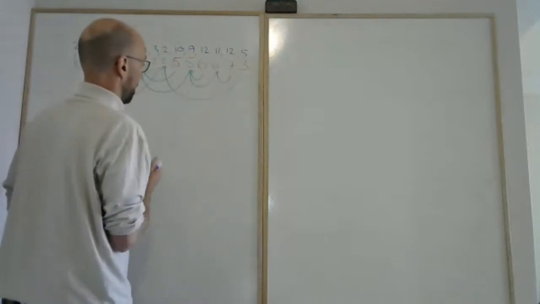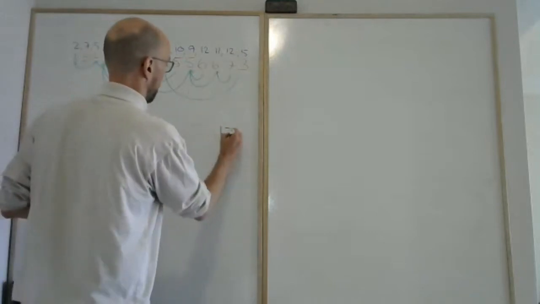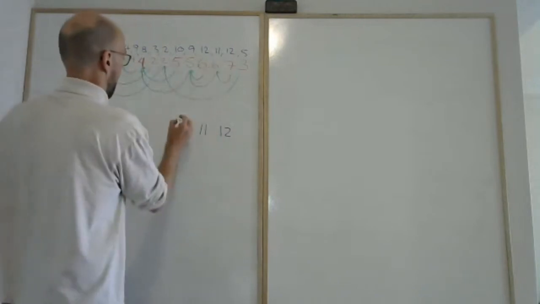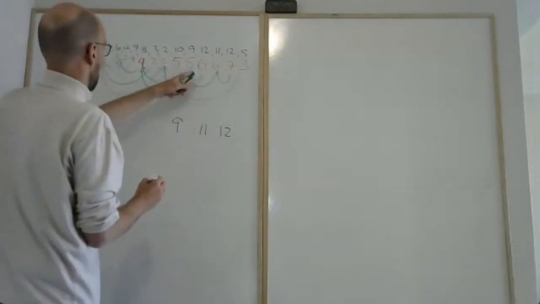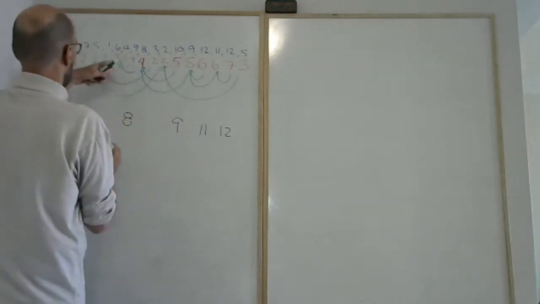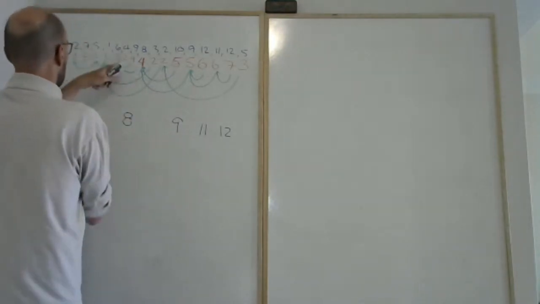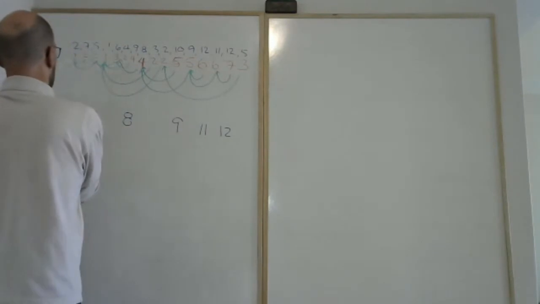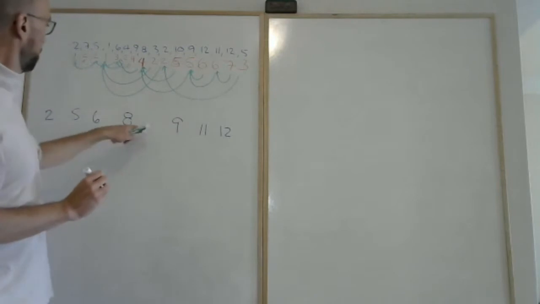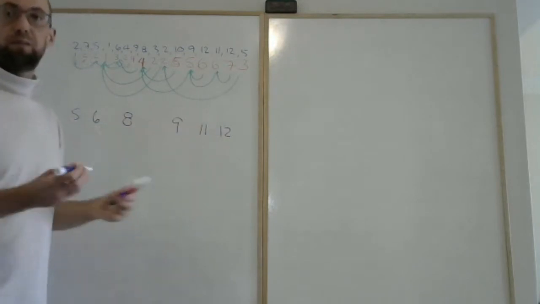The biggest length is 7, which is the 12. It points to the 11. The 11 points to the 9. The 9 points to the 8. The 8 points to the 6. The 6 points to the 5. And the 5 points to the 2. 1, 2, 3, 4, 5, 6, 7. Ooh, magic.